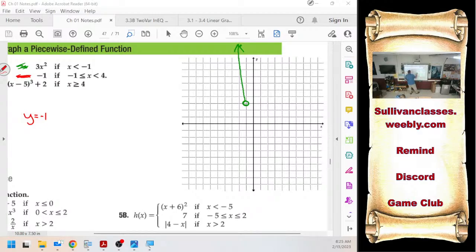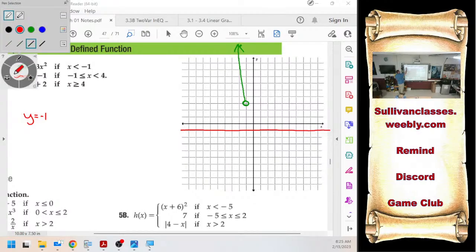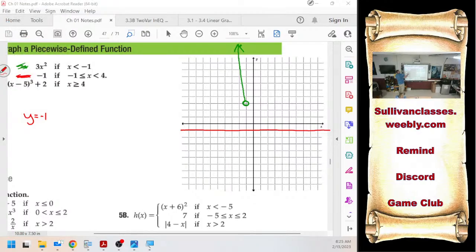That says at -1, I have a line. But I only care about the line when, what? Do your open and closed circles. Closed circle at -1, follow the line until 4, open circle. Everything else, get out of here.